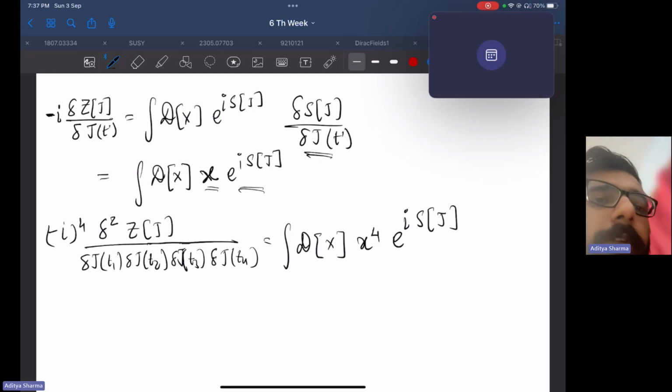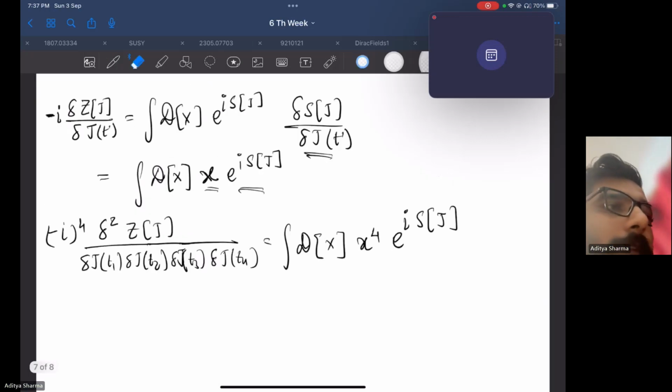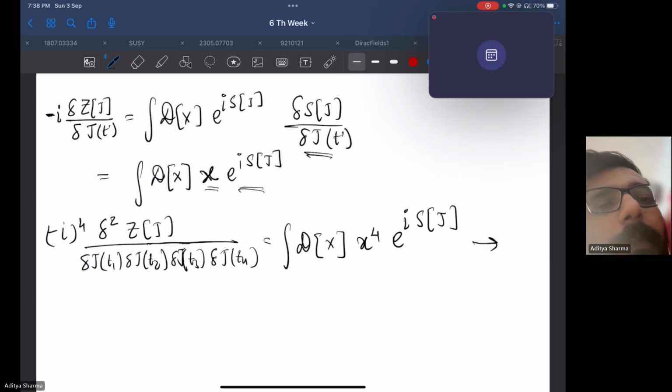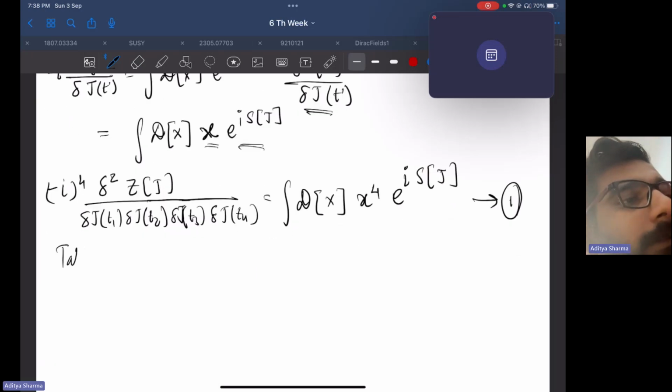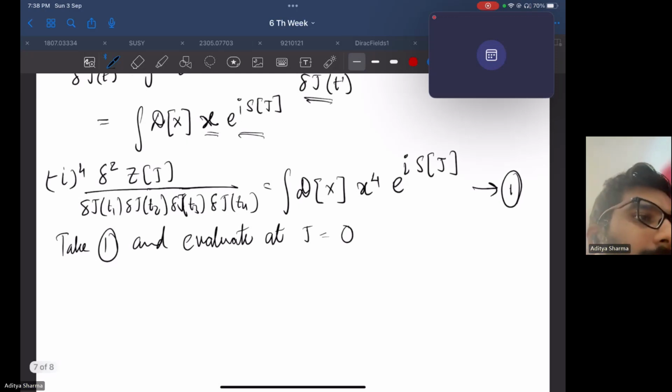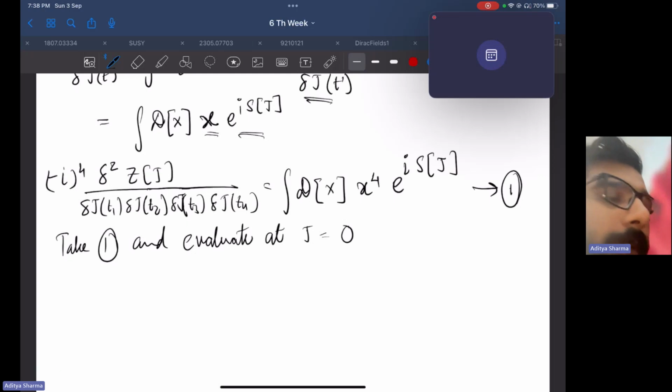So this is still not what we want. Now you take this, you evaluate, so in this page, I'm calling it number one, take one and evaluate at j equal to 0. So then you are going to get what you want.